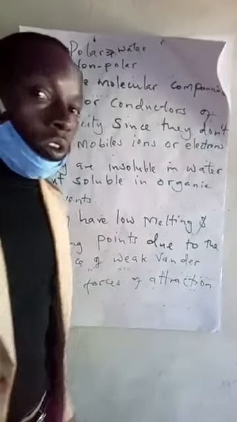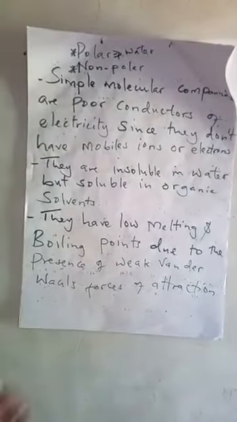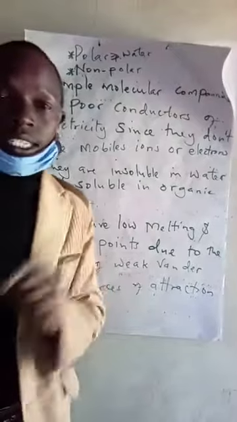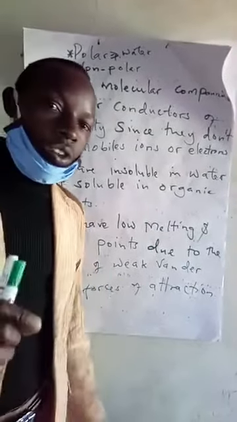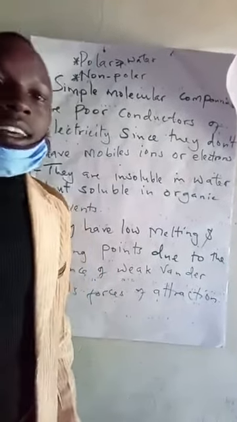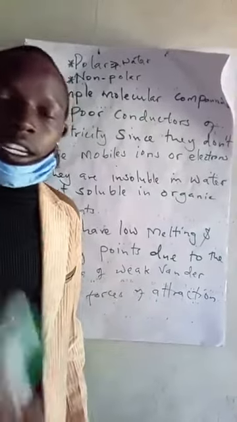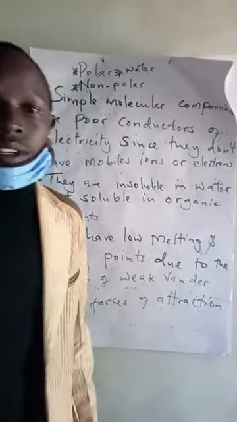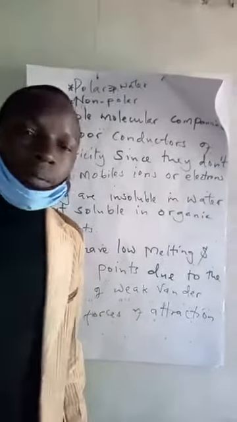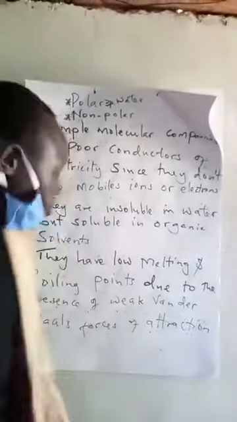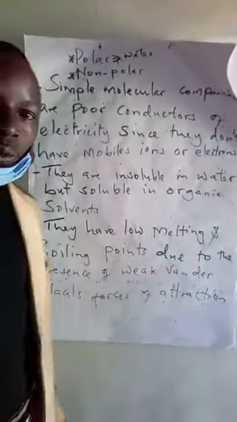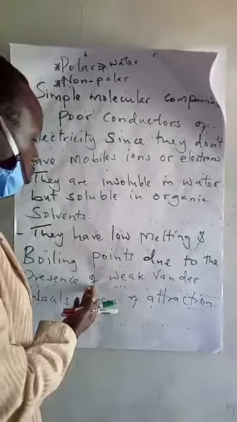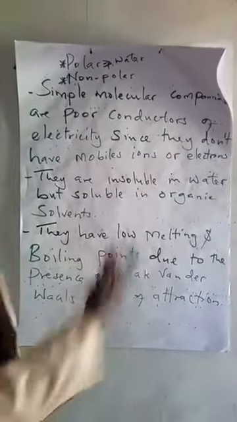As we said in our first lesson, the stronger the forces of attraction, the higher the melting and boiling points. And the weaker the forces of attraction, the lower the melting and boiling points. So because the forces of attraction here are weak, we have low melting and boiling points.